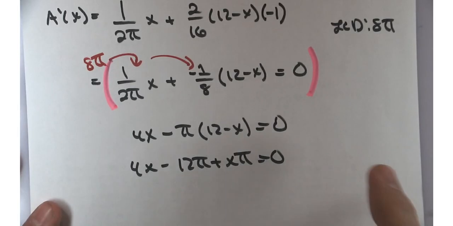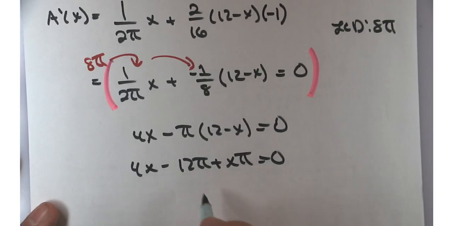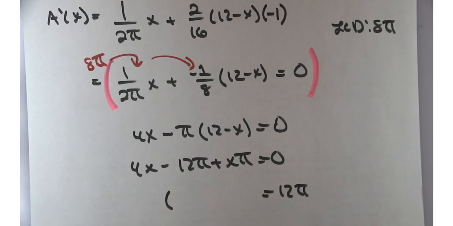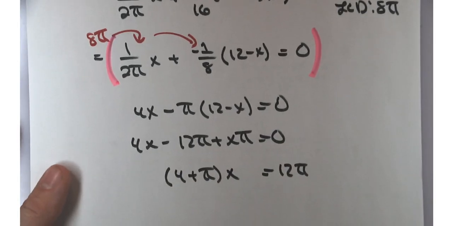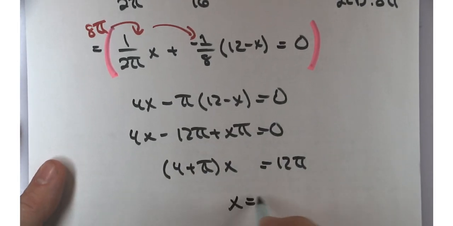Move the 12 pi to the other side. That's going to leave me with 4x plus x times pi. I'm going to factor out the x from the two terms that remain here. So it's going to be (4 plus pi) times x, or x equals 12 pi over 4 plus pi.